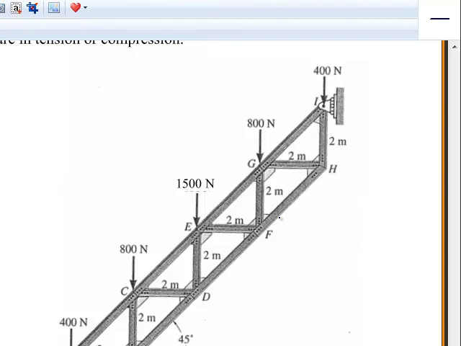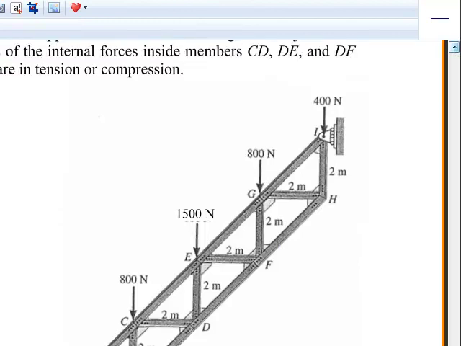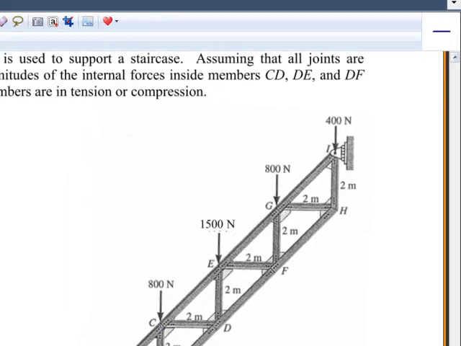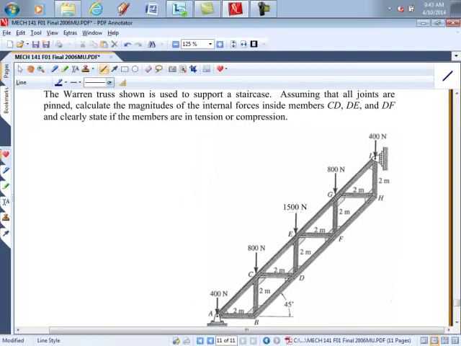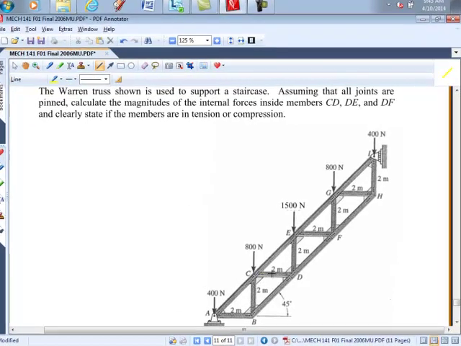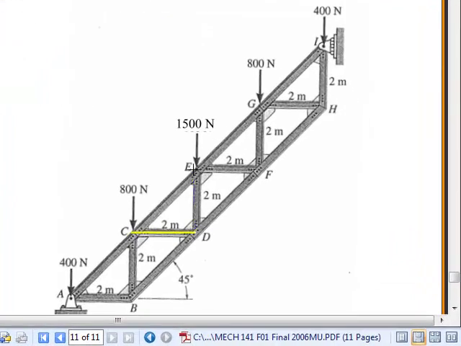We're looking for CD, DE, and DF, so let's just highlight those ones.